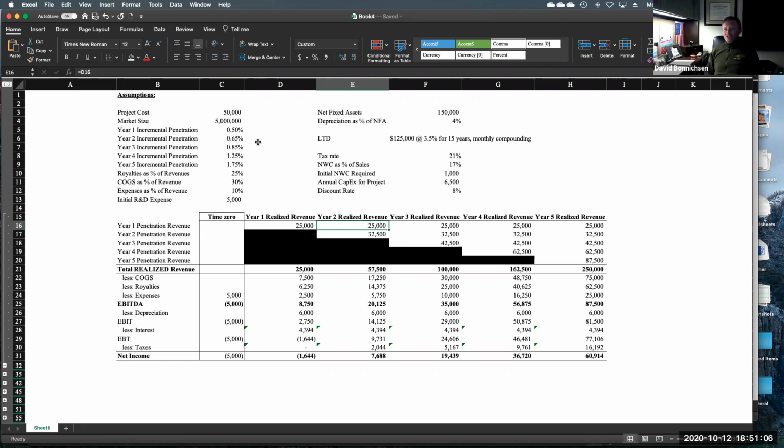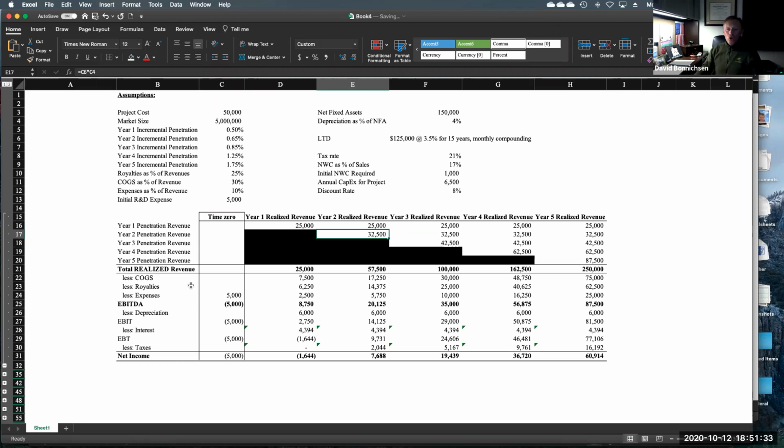So in addition to what we did in year 1 at 0.5%, now we're adding another 0.65%. The year 2 impact on the year 2 realized revenue is $32,500.